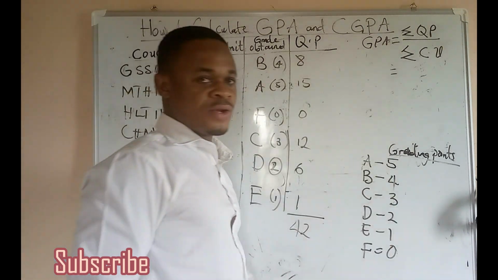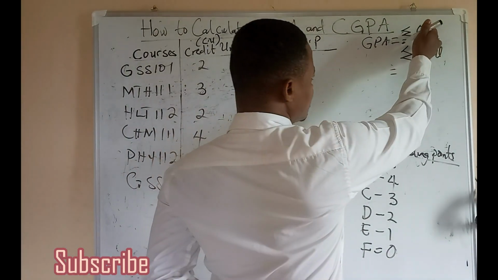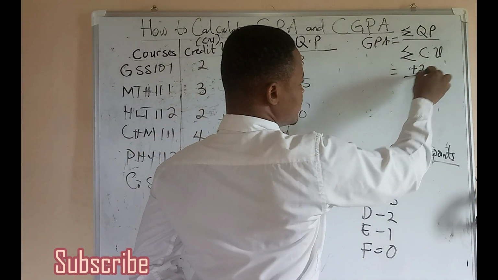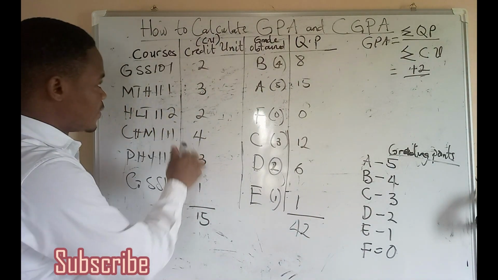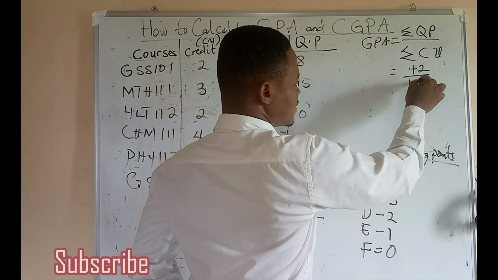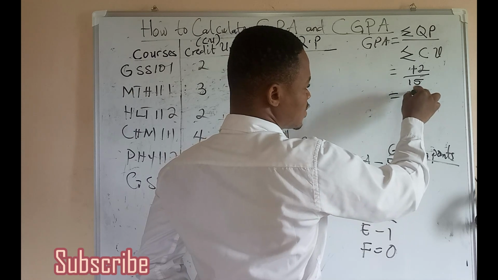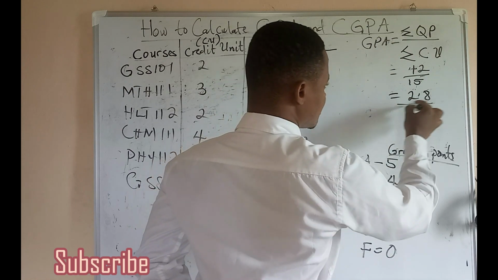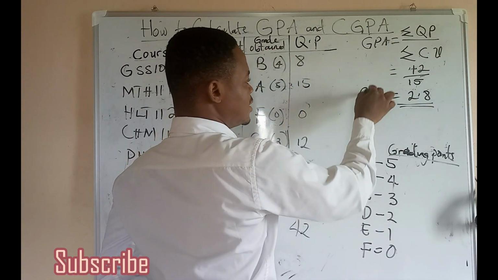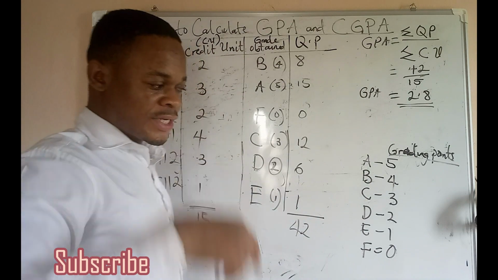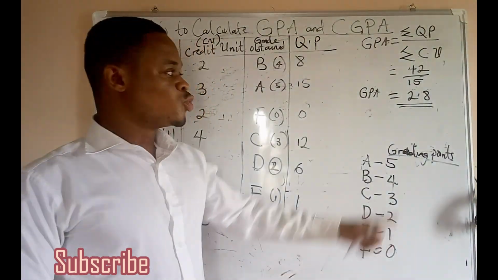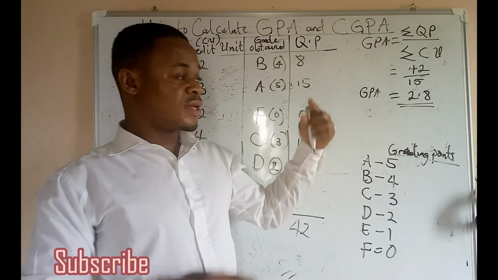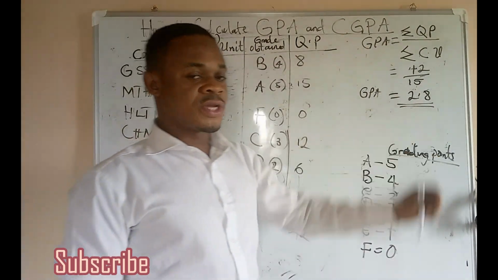So GPA is going to be the sum of the quality points, which is 42, divided by the sum of the credit units, which is 15. When you divide that, you are going to have 2.8 or thereabouts. So the GPA of this student for that particular semester is 2.8.